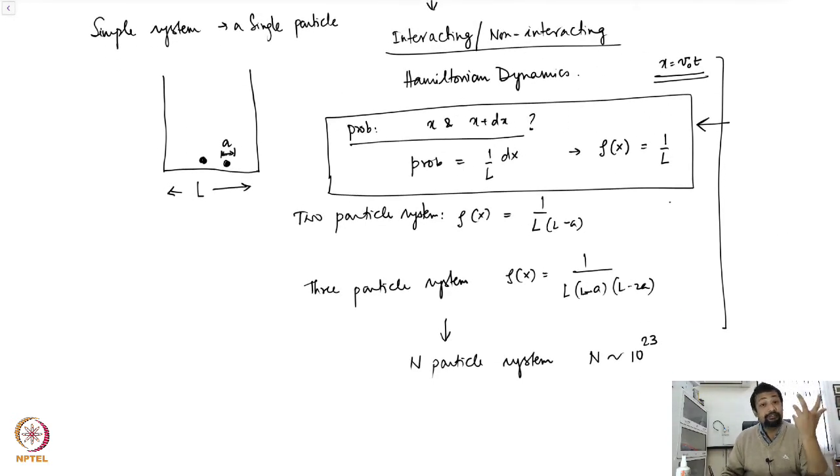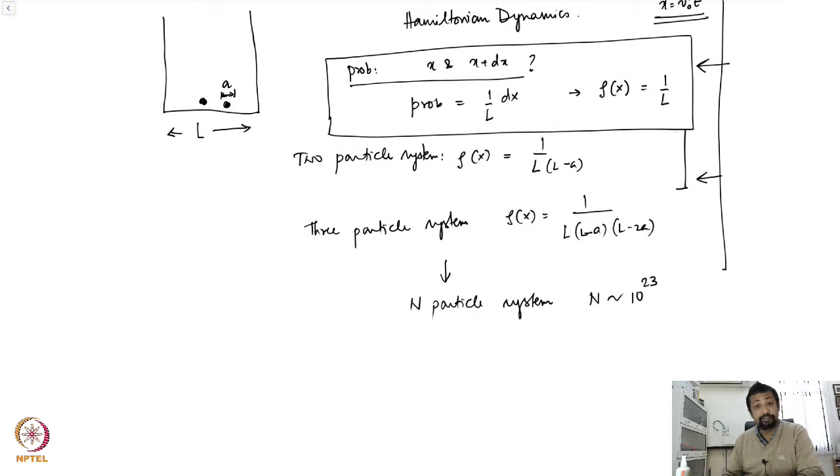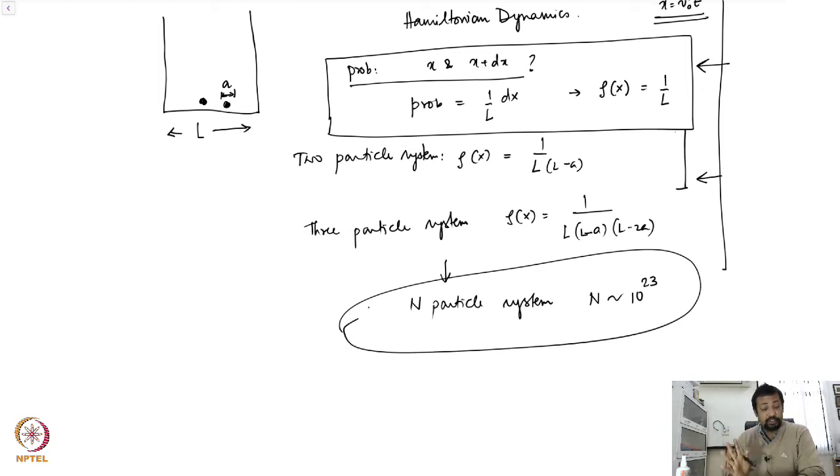We can make an effort in solving the two particle problem by going to the center of mass frame and figuring it out. But the three particle problem becomes even more complicated analytically, and the real picture, when you have n particles in the system, is even more complicated.